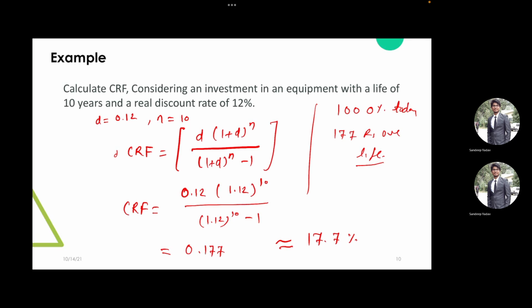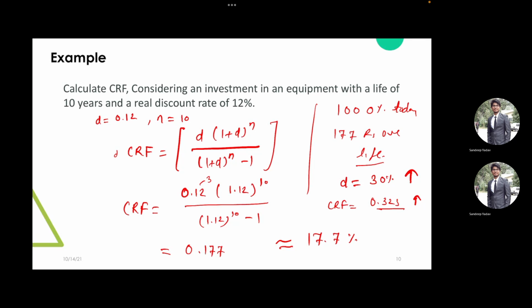In that case, D will be 30%, and if you calculate, the CRF will be 0.323. That means the more discount rate we have, the more we have to invest, 323 rupees annually. That means if the discount rate increases, our investment per year will increase.